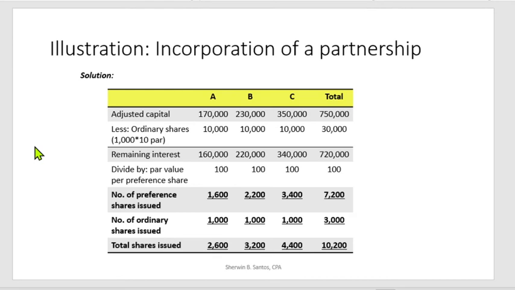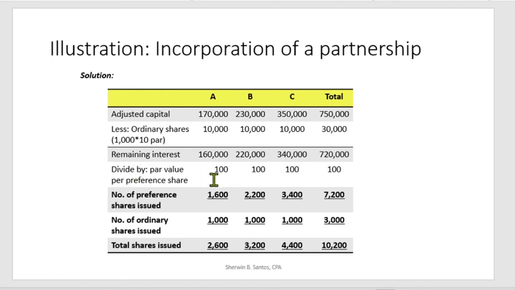So kung 1,000 shares each lang yan, 1,000 times 10 peso par is 10,000 for each of them. A, B, and C, 10,000. So, ibig sabihin, kung merong capital ang bawat isa na mas mataas doon, ay mapupunta na yon sa preference share. So, 170 minus 10 is 160, 230 minus 10, 220, 350 minus 10, 340,000.